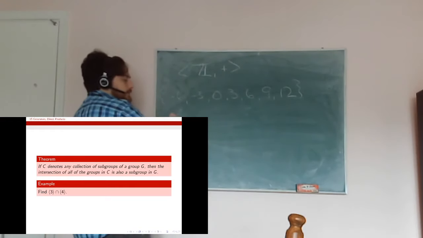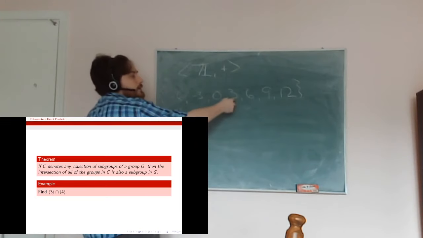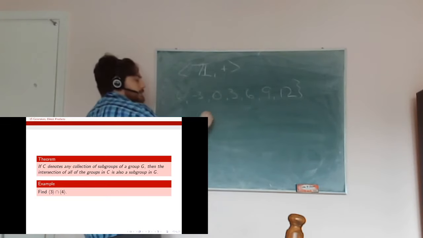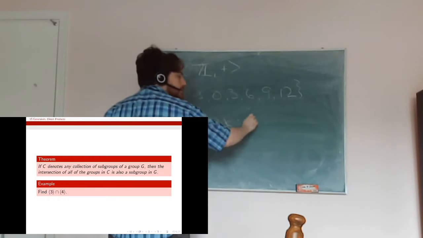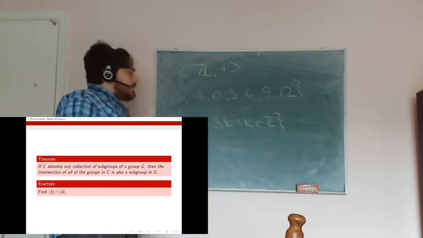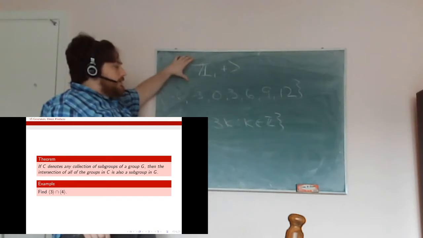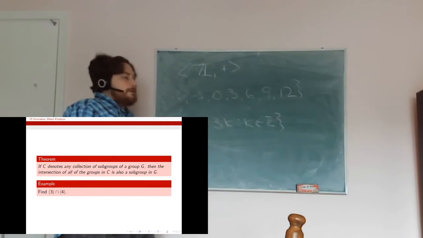So the group generated by 3 is really just going to be all the things of the form 3k such that k is an integer. So the group generated by 3 as a subgroup of the integers is just going to be all multiples of 3. Does that make sense? Is that going to be infinite or finite?